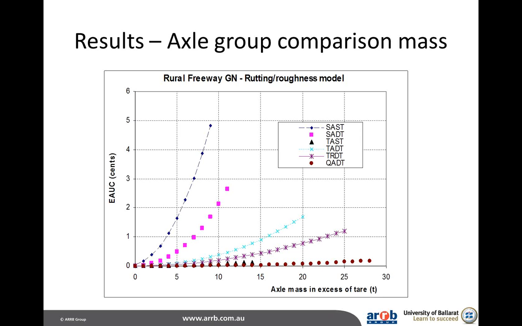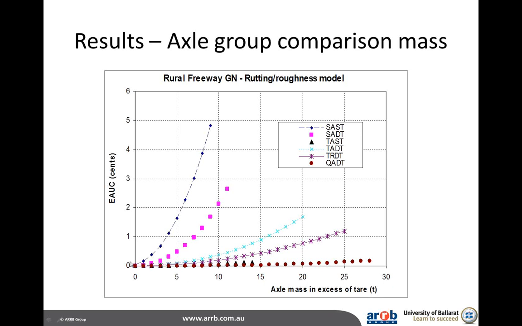A quick look at the results from this project. This graph is showing a comparison of how the different axle groups reacted to an increase in axle mass, which is why we loaded each of the axle groups separately. So on the vertical axis we have our cost, and on the horizontal axis we have an axle mass in excess of tare.